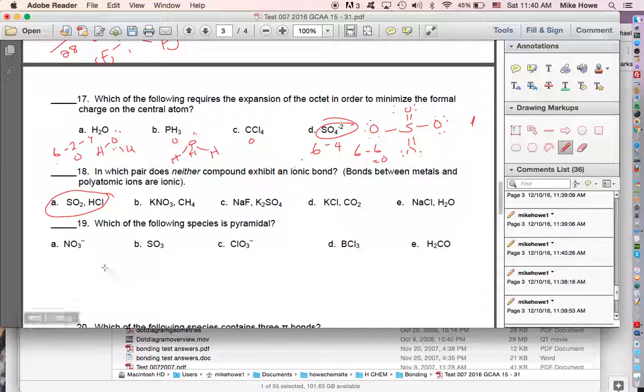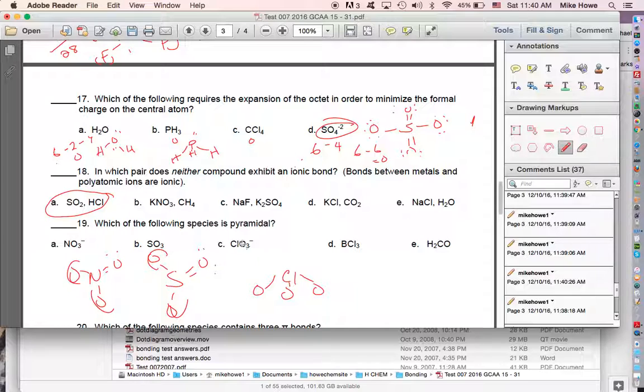You have to draw these to see, but NO3 looks like this, so it's trigonal planar. SO3 looks like this. It's also trigonal planar. ClO3, I think that's the answer. Let's see.